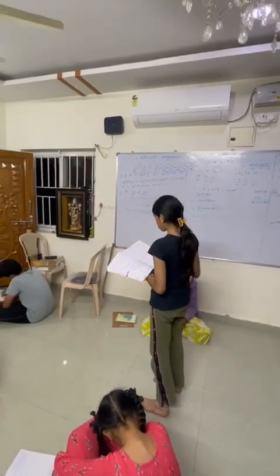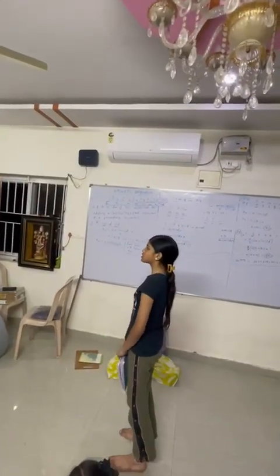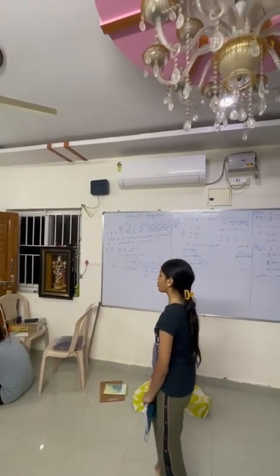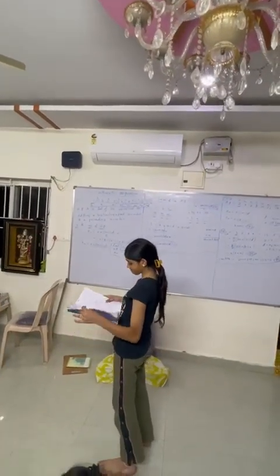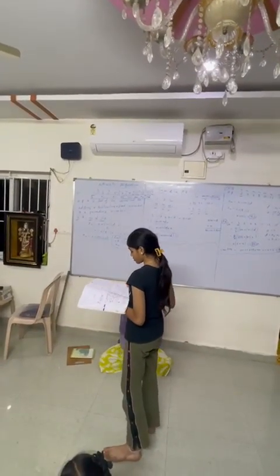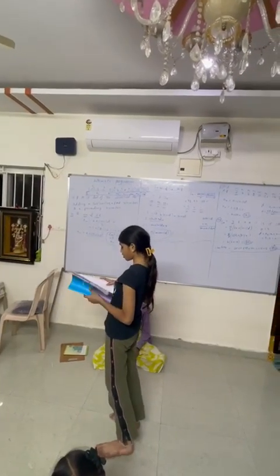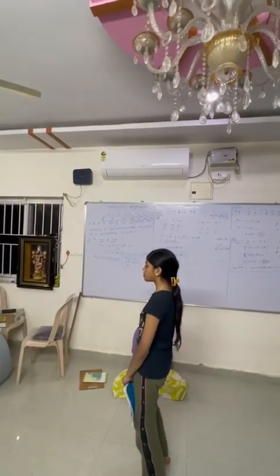What is the process of photosynthesis? Photosynthesis is the process in which an organism containing chlorophyll prepares its own food. What is the difference between autotrophic nutrition and heterotrophic nutrition? Autotrophic nutrition means preparing its own food.